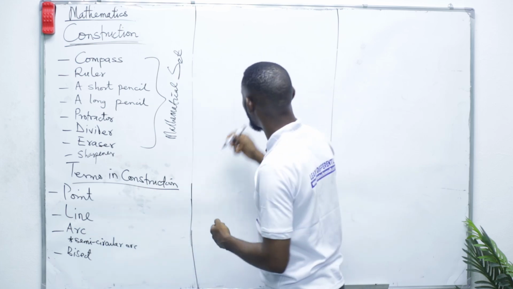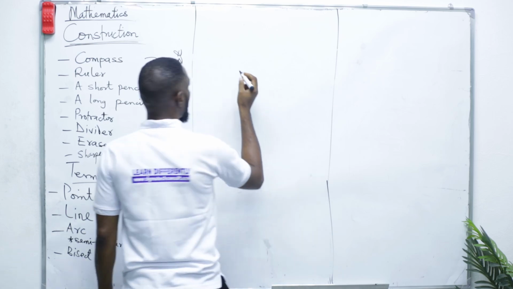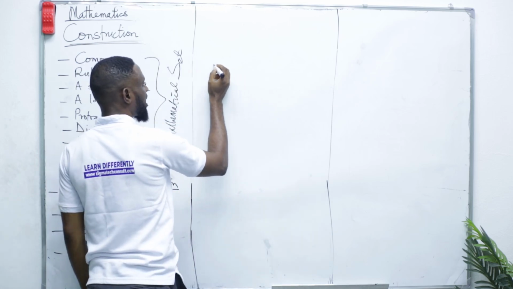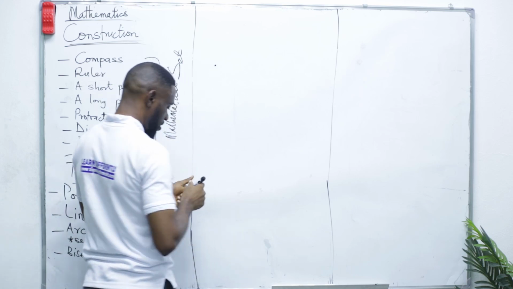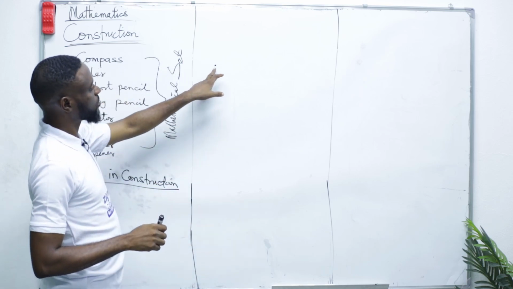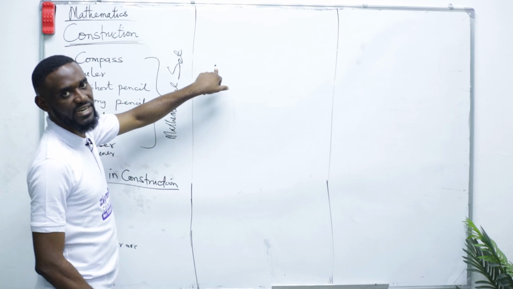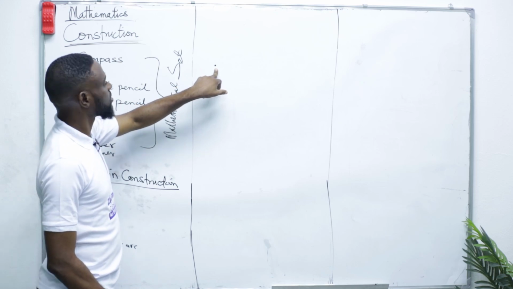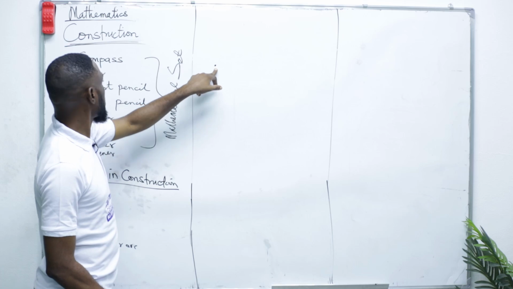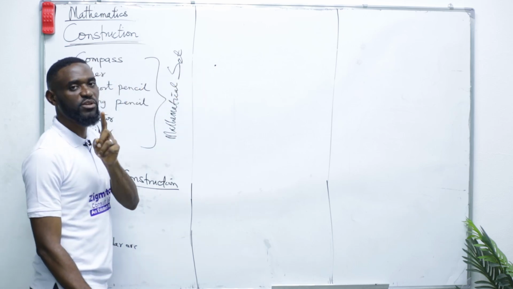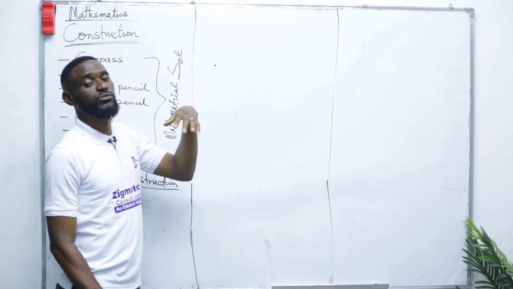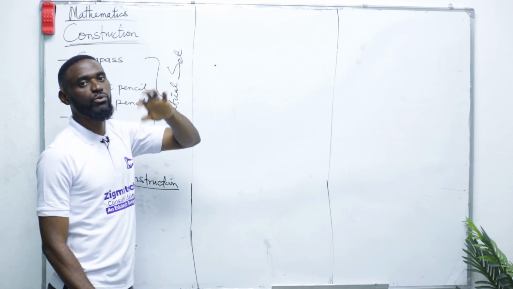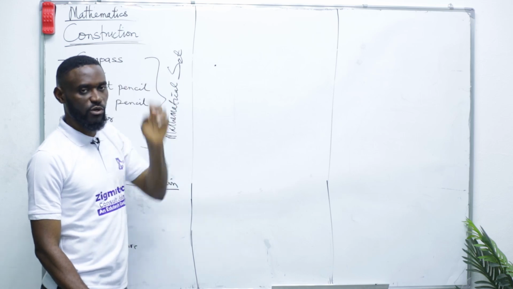A point is an area you use as a reference. It's a part used as reference where the pin of your compass is placed in order to construct an angle or do any form of construction.